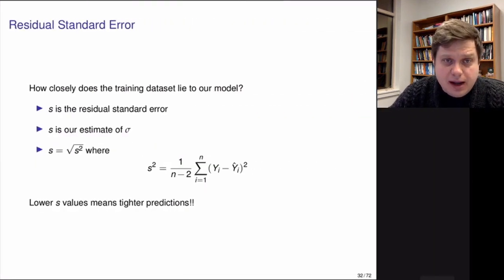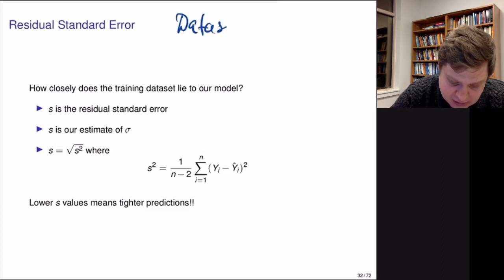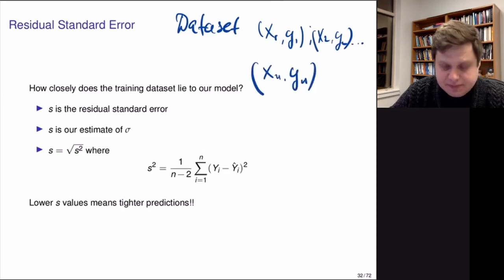All right. So that's how we calculate residual standard error. So we have a data set, and a data set is just a sequence of pairs, x1, y1, x2, y2, and so on up to xn, yn, so we have n observations, and for each observation we have an input variable and an output variable, and we build a model.